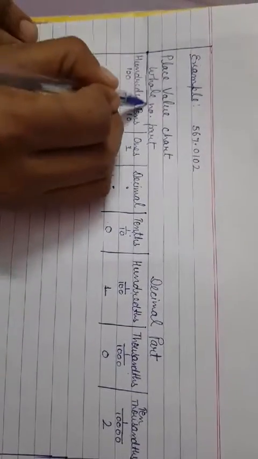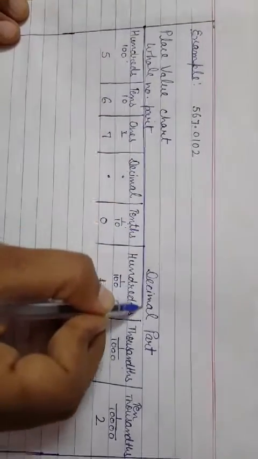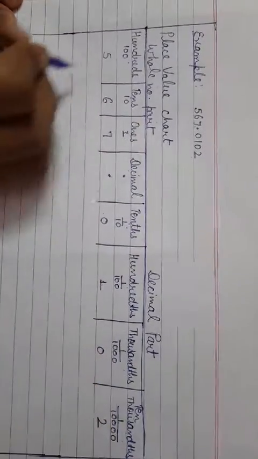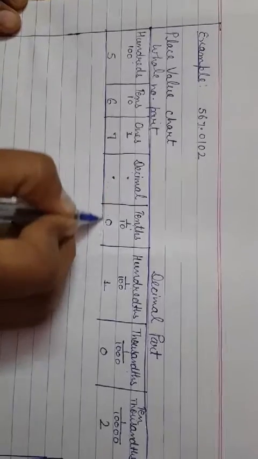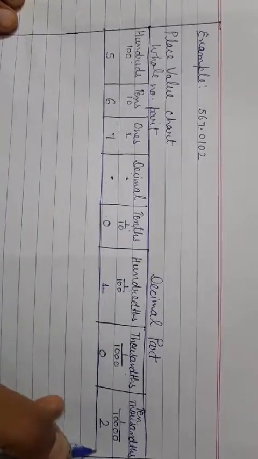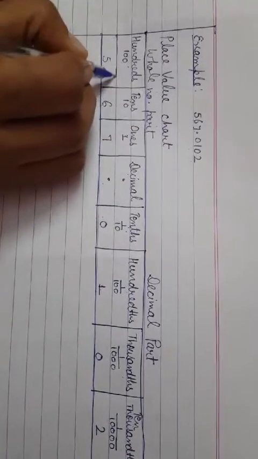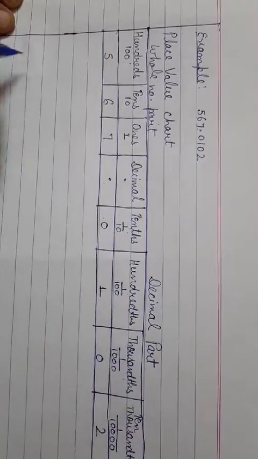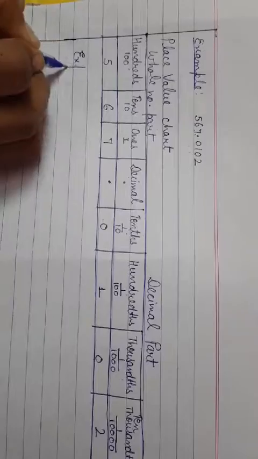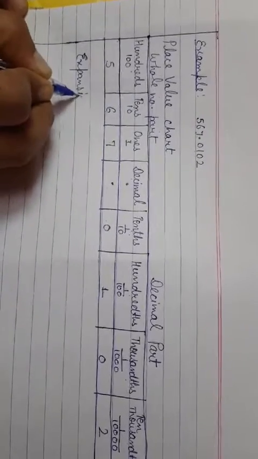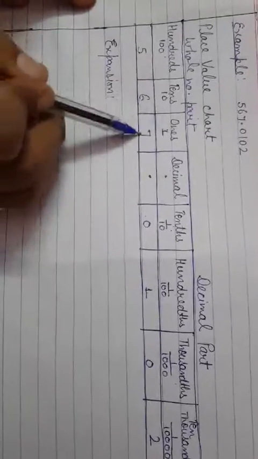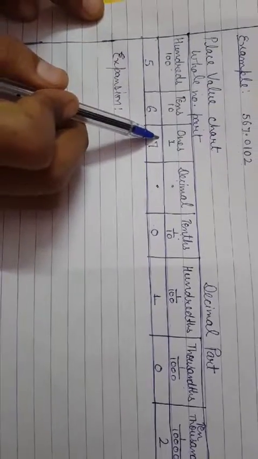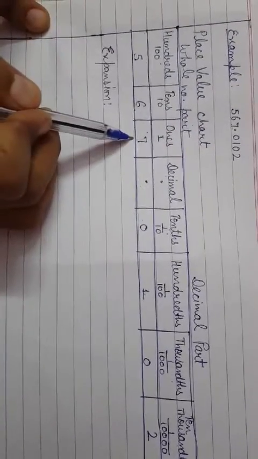With the help of this place value chart, we can easily identify or write the place values of digits given in the decimal number. Okay. Now if I want to write the expansion of this number, I have to just multiply these digits with their place values and add those products.